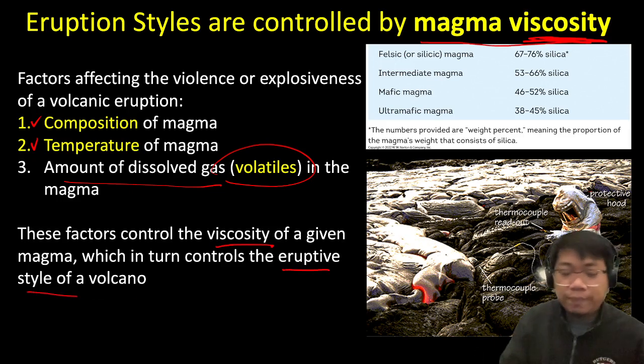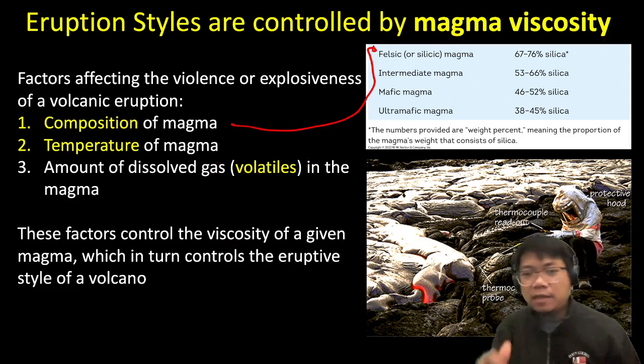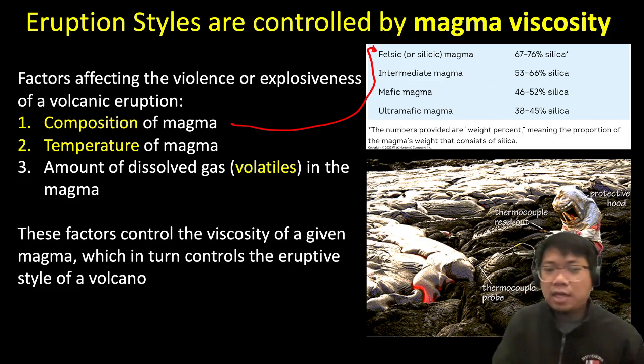Okay, and again, these factors control the viscosity of a given magma, which in turn controls the eruptive styles of a volcano. And just to quickly remind everybody here that when I say composition of magma, this is what I mean by that. Okay, remember that we already learned about the different types of magma based on its composition, and it goes from ultramafic magma, mafic magma, intermediate to felsic magma.